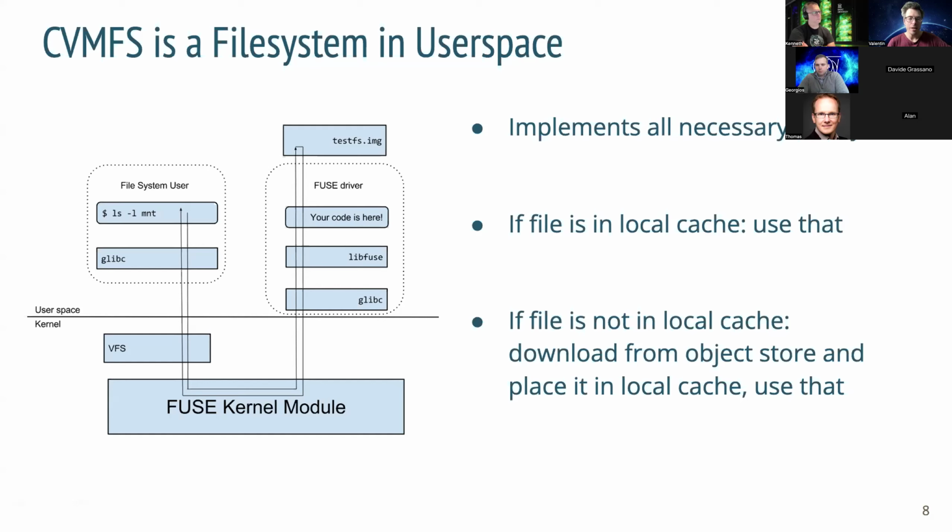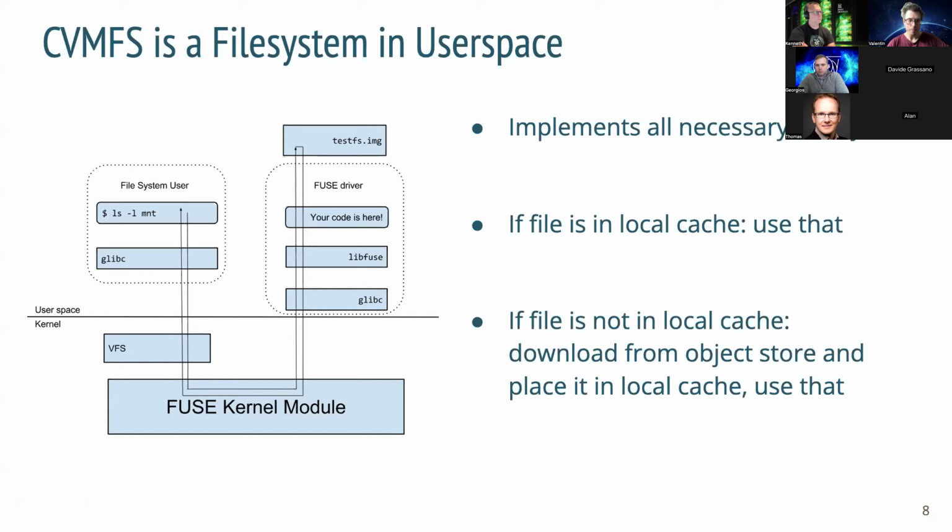So if you do an ls, that's going to be a reader that is going to go to the kernel, and for a fuse file system it's actually going to ask the CVM-FS process. If you install CVM-FS, it's going to run a CVM-FS process that's responsible for the mount point. And that's going to implement all of these syscalls only for the read-only part, as we're not a writable file system. The writable part is going to be done by the server tools, which we're going to talk about.